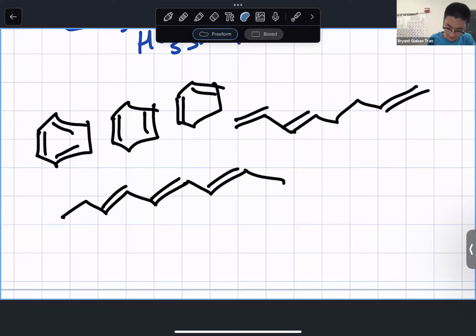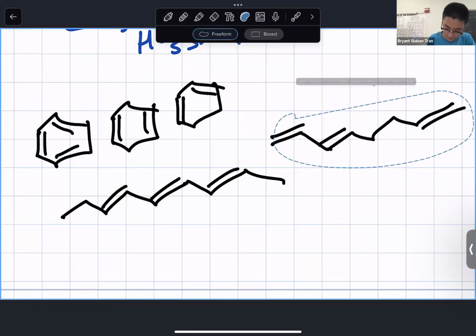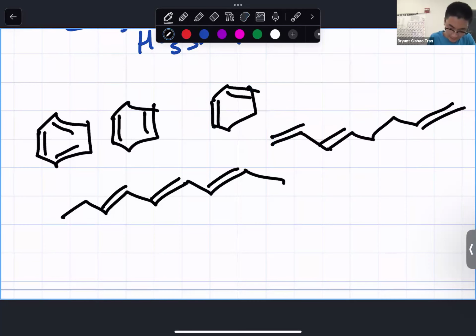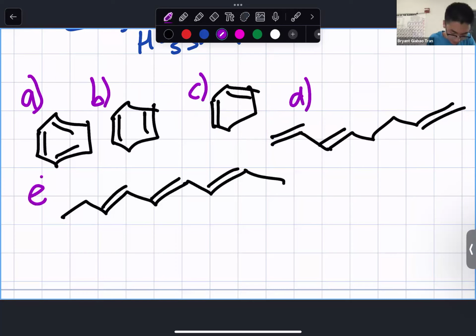Okay. Let's say this is A, B, C, D, E. And we're going to rank these in order of increasing energy. So let's see. Which one of these is going to be the most exothermic? Which one is the one that has the most amount of energy?